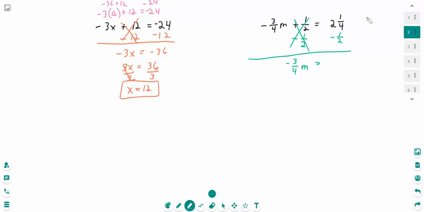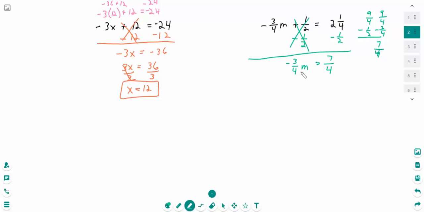At least that's easier. So we have 9/4 minus 1/2, right? And if I find my common denominators here, I end up with 9/4 minus 2/4, which is 7/4. So I end up with a positive 7/4.